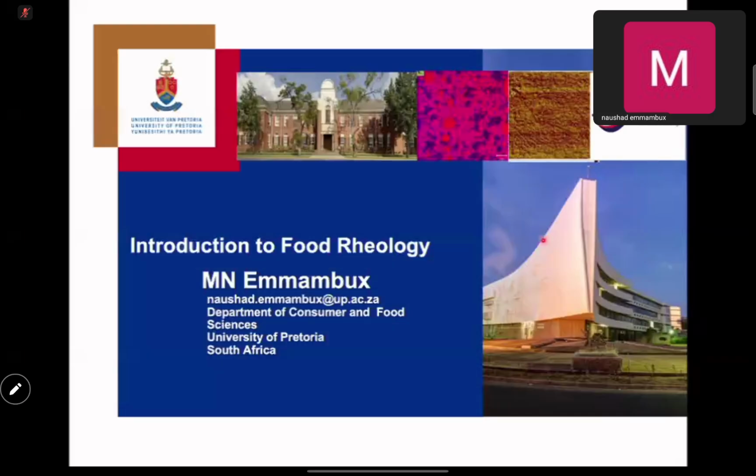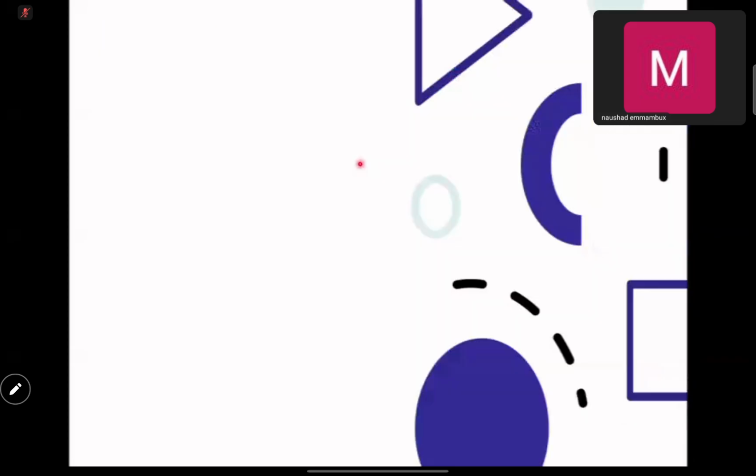And here, this is also a heritage building, and this is the building where my office is at the university.